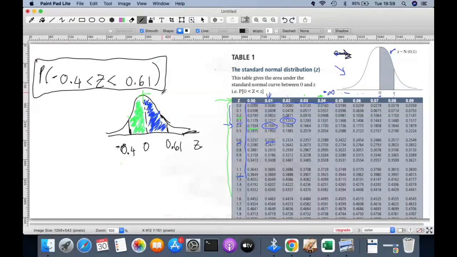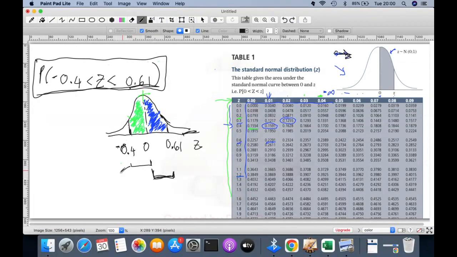So in order to use this table to solve it, you need to break this up into two parts. One part going from negative 0.4, so this part here, and then the second part is going from 0 to positive 0.61.